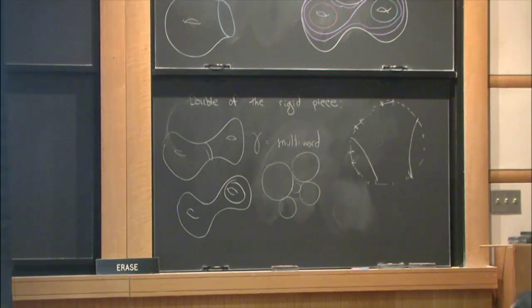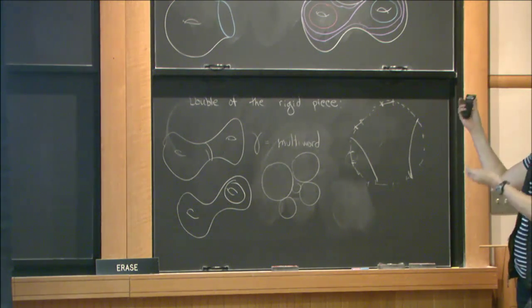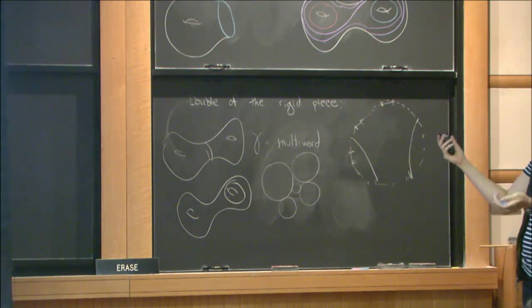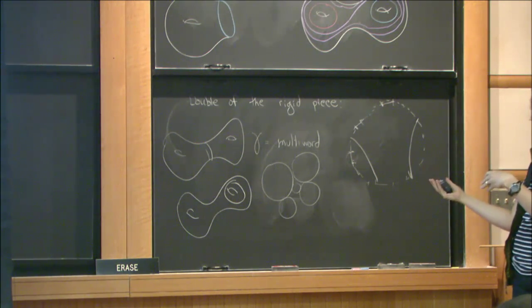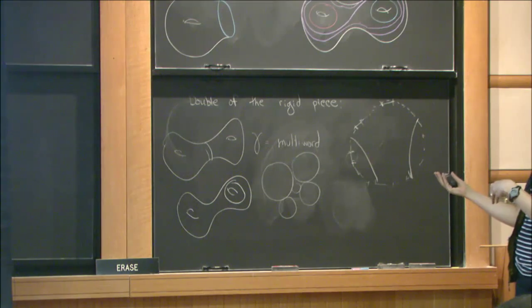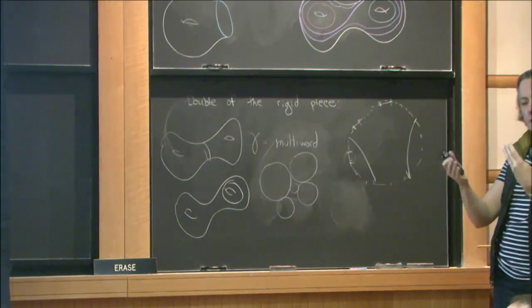Yeah, that's right. Those pieces, can you match up? If you have something quasi-isometric to that, it'll have some hanging pieces just because of the Bowditch decomposition, and those will be quasi-isometric. They'll be in correspondence with these pieces.